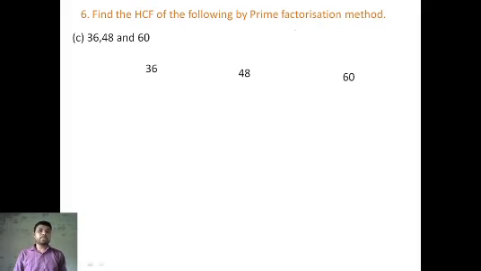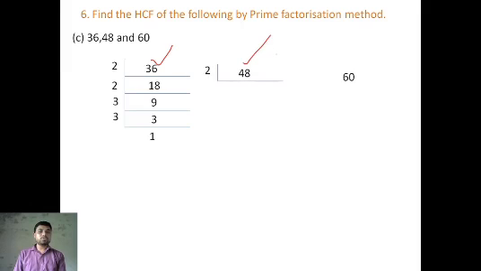So here, first do the prime factorization, which you have already learned. So 36 by 2, 18 by 2, 9 by 3, 3, by 3 it is 1. Same way we will do for 48 by 2, 24, and so on.